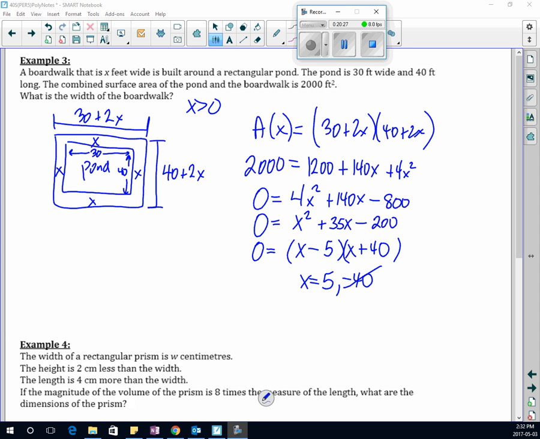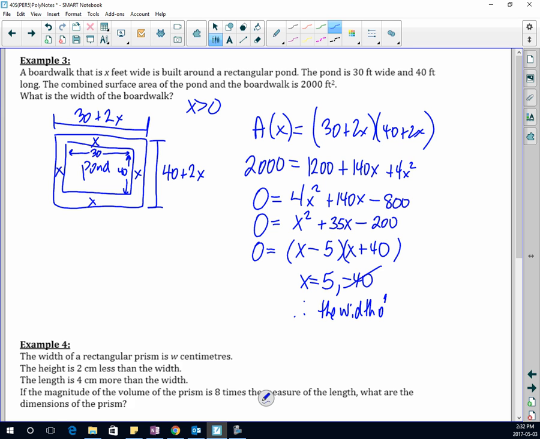Okay, so if x has to be 5, that's our answer, I guess, because it's asking us what is the width of the boardwalk. Therefore, the width of the boardwalk is 5 feet.